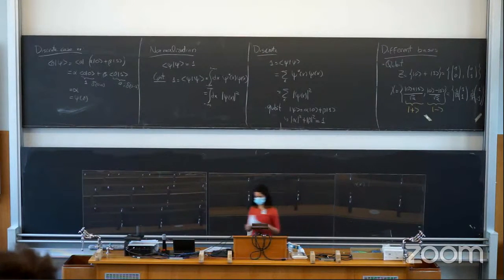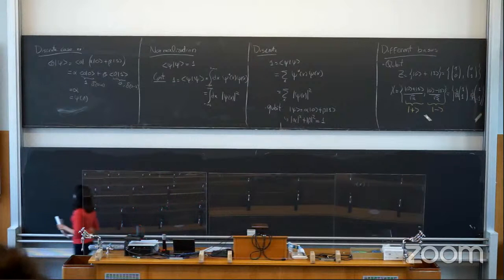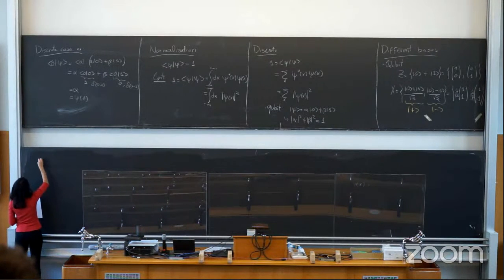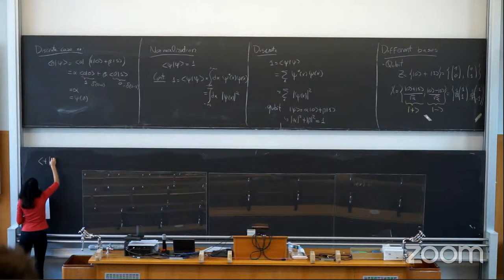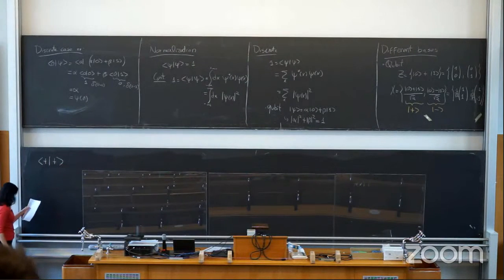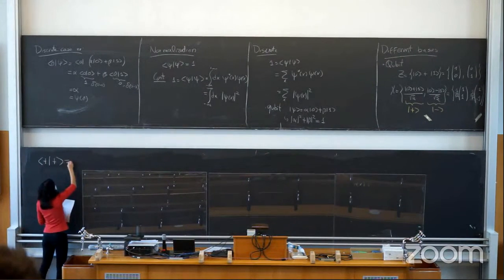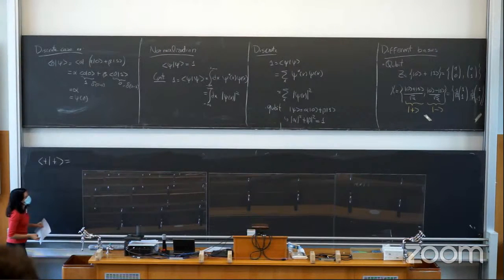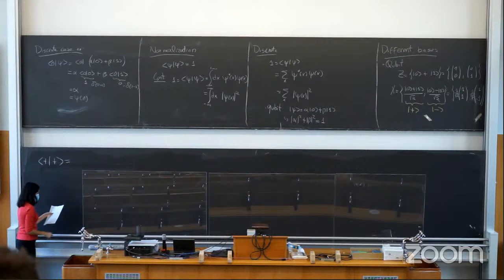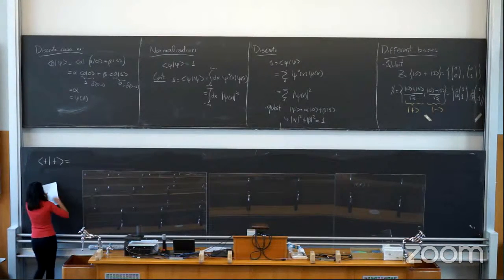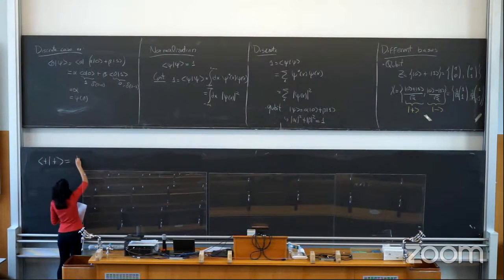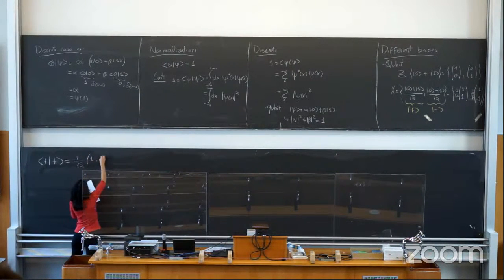Okay, so far. Then we have to see if the product is 1. We could just take those two basis elements as vectors and do the inner product directly. But maybe it's good to get some practice with this Dirac notation. So this was this state.